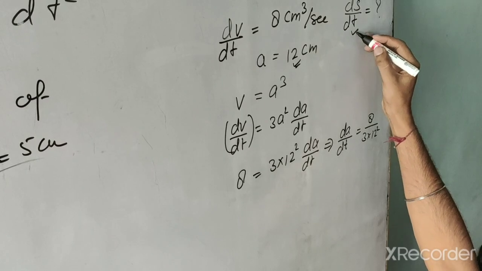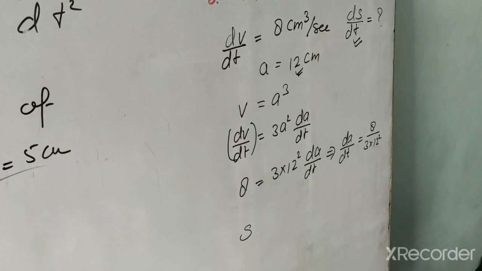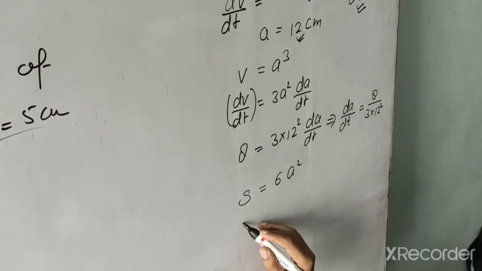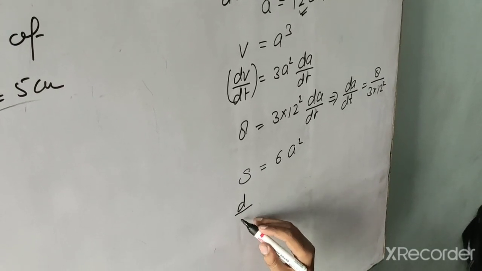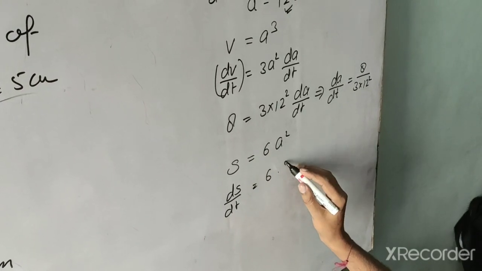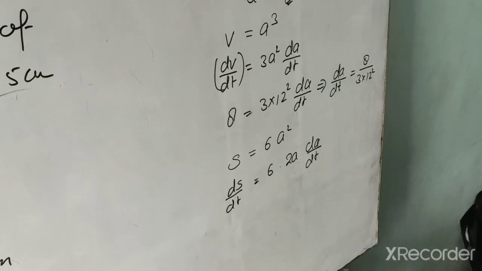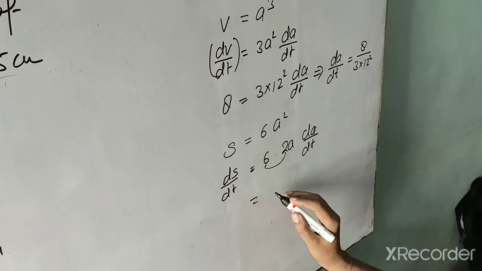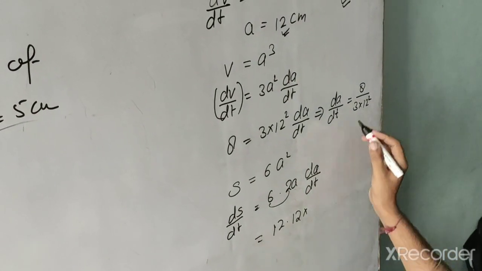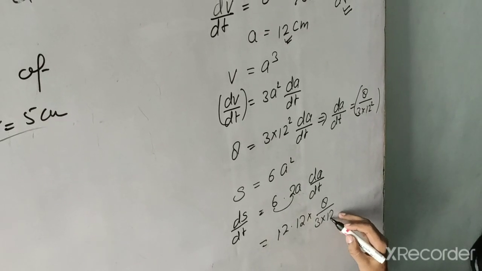Now we need to calculate for the surface area. So surface area of the cube will be 6 into side square. Now differentiating both the sides, dS on dt will be equals to 6 into 2a dA on dt. Let us put the values. 6 into 2, 12. The value of a is again 12, into dA on dt, which is 8 upon 3 into 12 square.